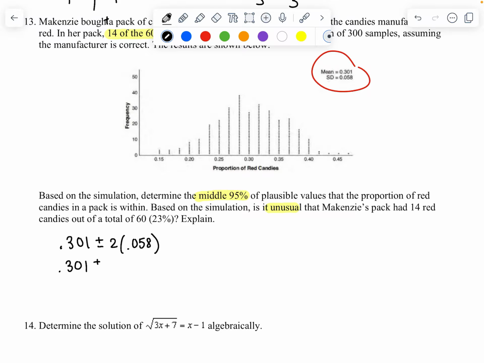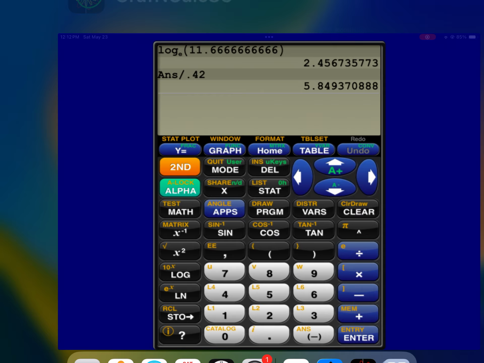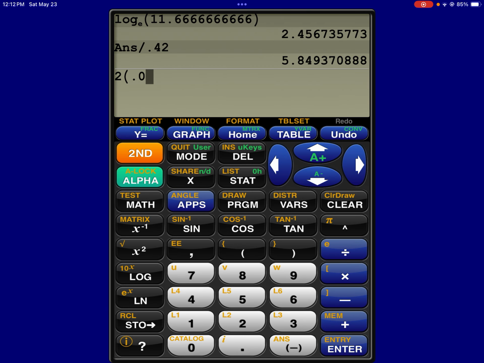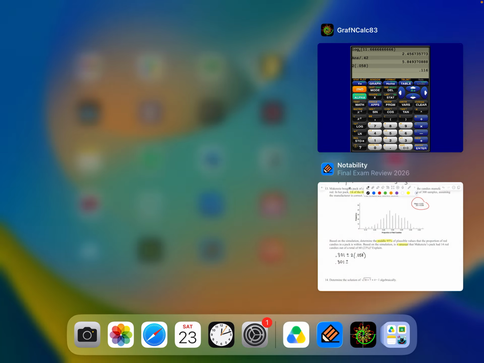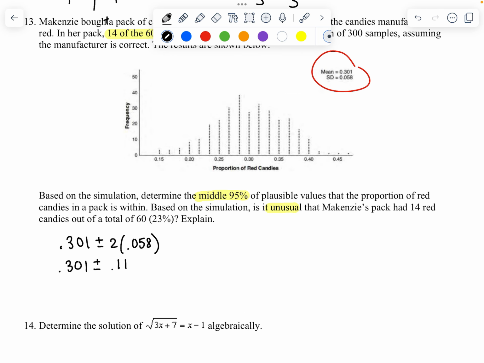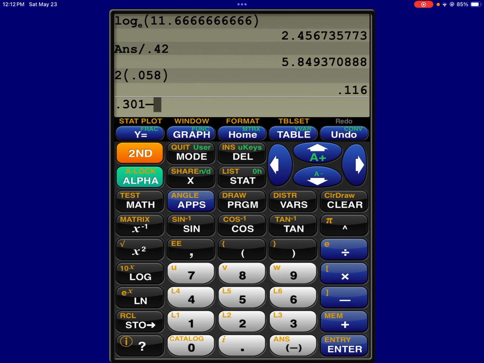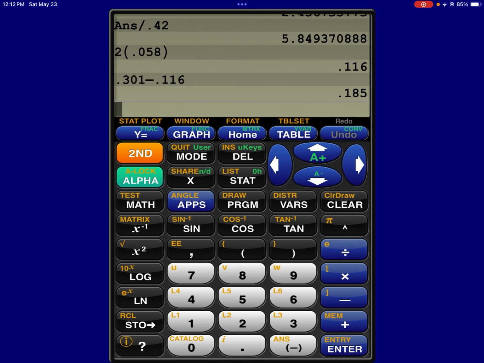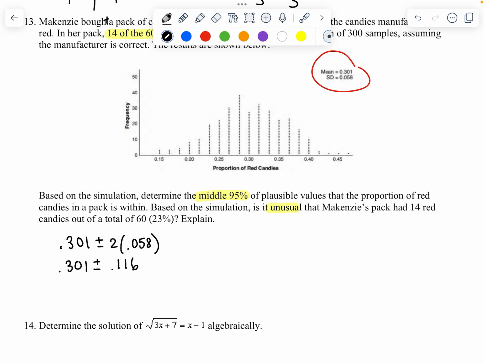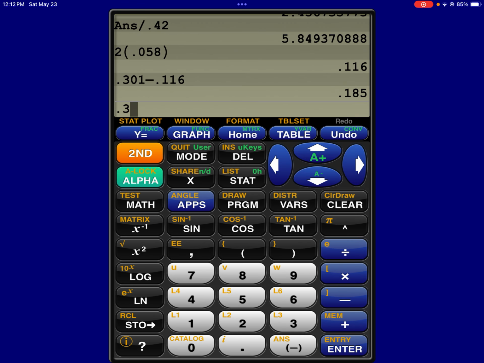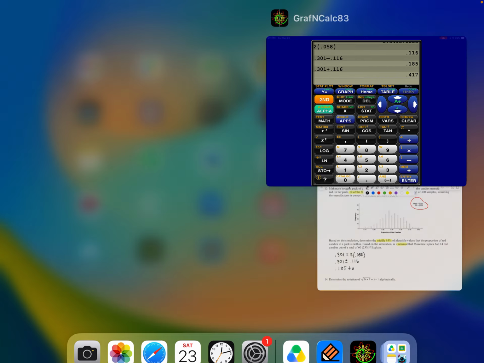So 2 times 0.58 is 0.116, and then we're going to take 0.301 and we're going to go down. So 0.185. Did they ask us to round? No. And then let's go up. 0.417.